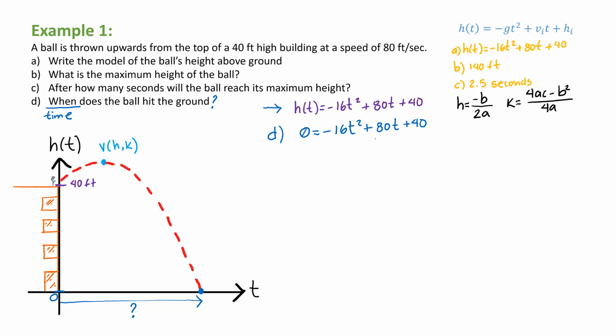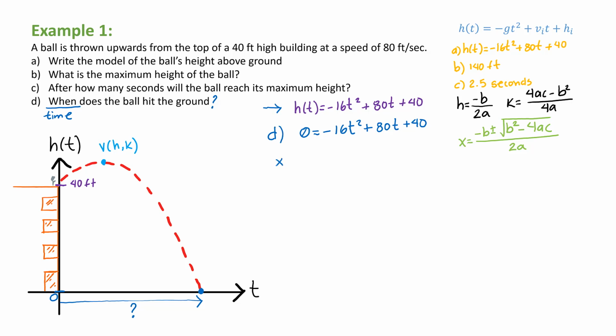The general formula says that x equals minus b plus minus the square root of b squared minus 4ac, all of it over 2a. Now let's apply it to this quadratic model. Remember that a is minus 16, b is 80, and c is 40.